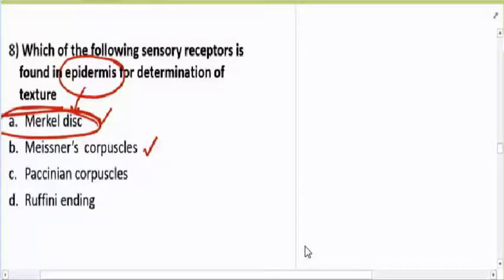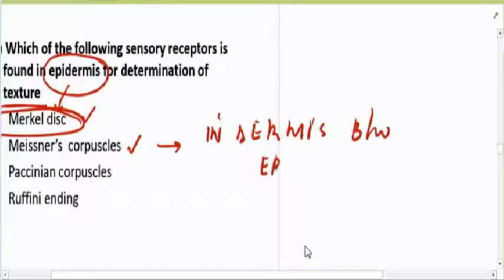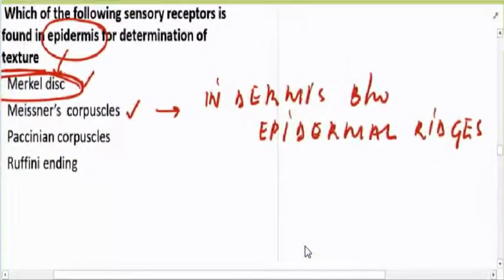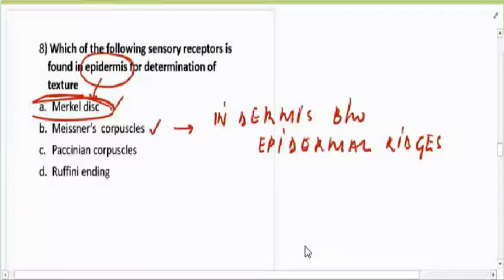Meissner's corpuscles are located in the dermis, right? These are located in the dermis between the epidermal ridges. Right? So, like I said, if it was not specified which receptor is for texture, then my better answer is Meissner's.